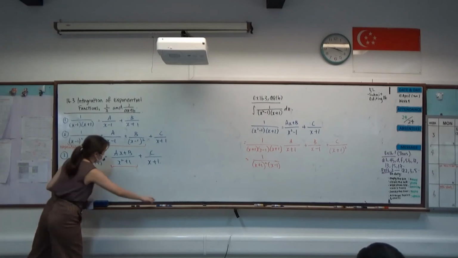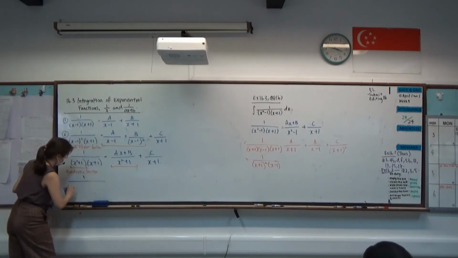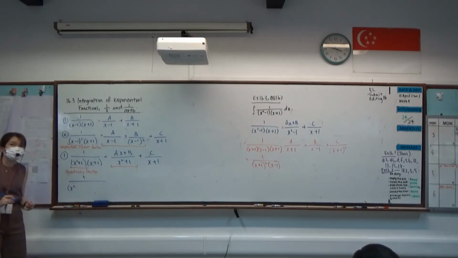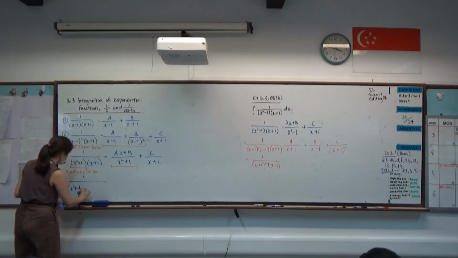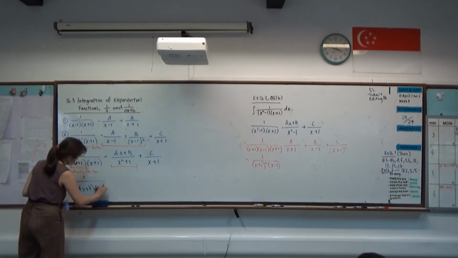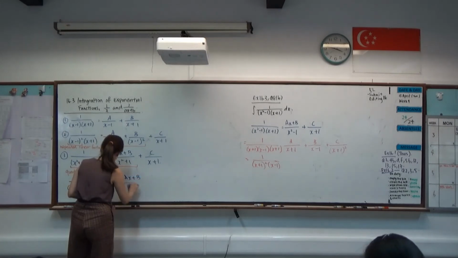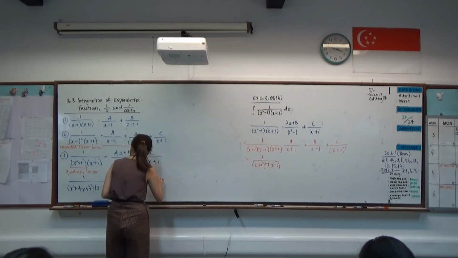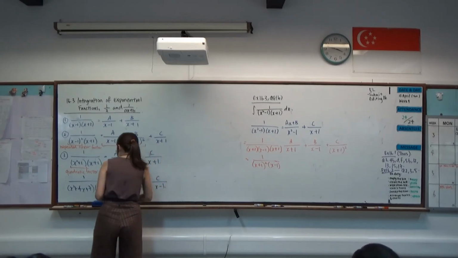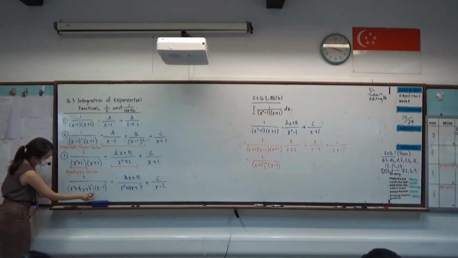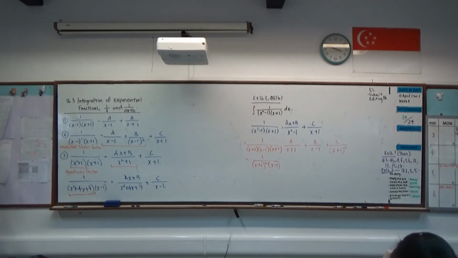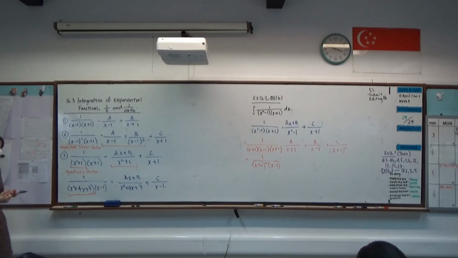Another way that it could look is x squared plus, let me think of, 4x plus 7. Cannot factorize. So it's a quadratic factor that cannot be factorized further.